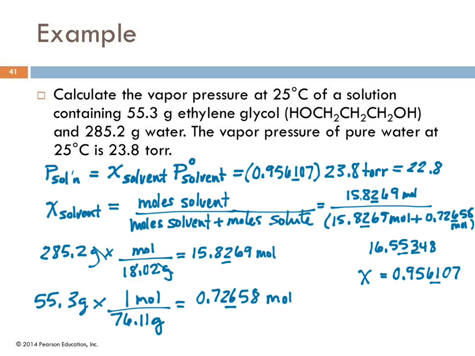Pardon me? You do not need to convert the torr to atmospheres. That's a good question. If you want the vapor pressure of the solution in atmospheres, then you'd have to convert. But it's not specific to any one pressure unit.